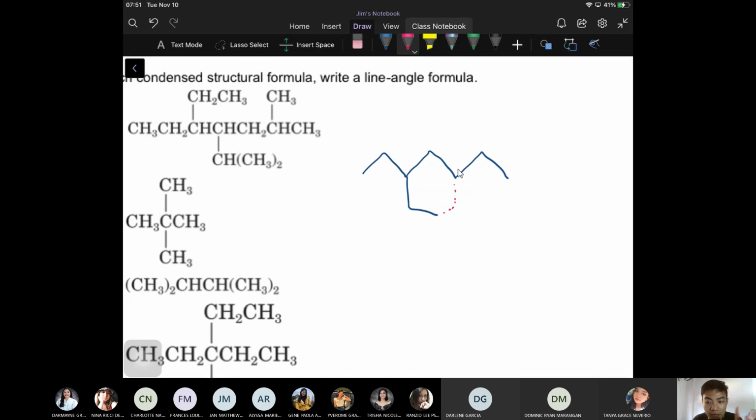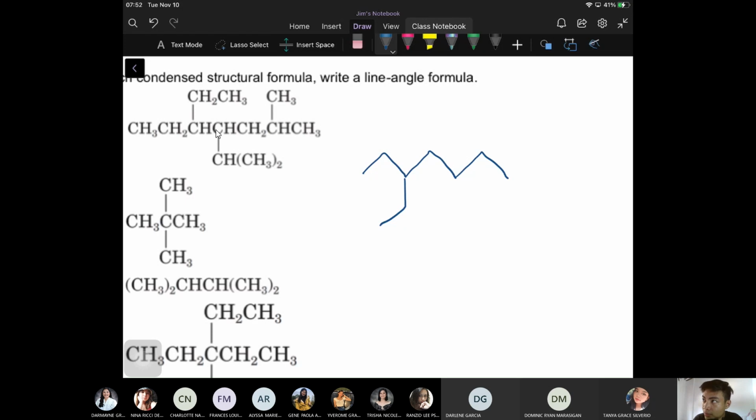Basta every time na maglalagay kayo ng substituent na may angle-angle, kailangan naka-hexagon siya always, ha? Ganun lang. So, ako, prefer ko ganito muna siya. Okay, so, basta ganun. Para mas maganda yung drawing nyo, imaginary hexagons ang key.